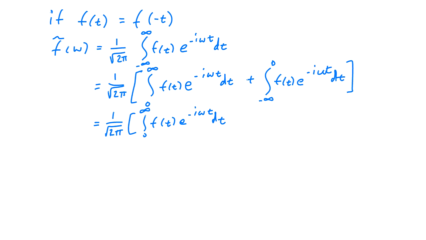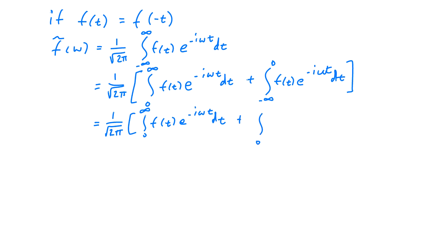Instead of going from minus infinity to 0, I'm going to have it go from 0 to minus infinity. And then I'm going to flip the sign of t again to account for that, so the new limit is actually going to go from 0 to infinity.